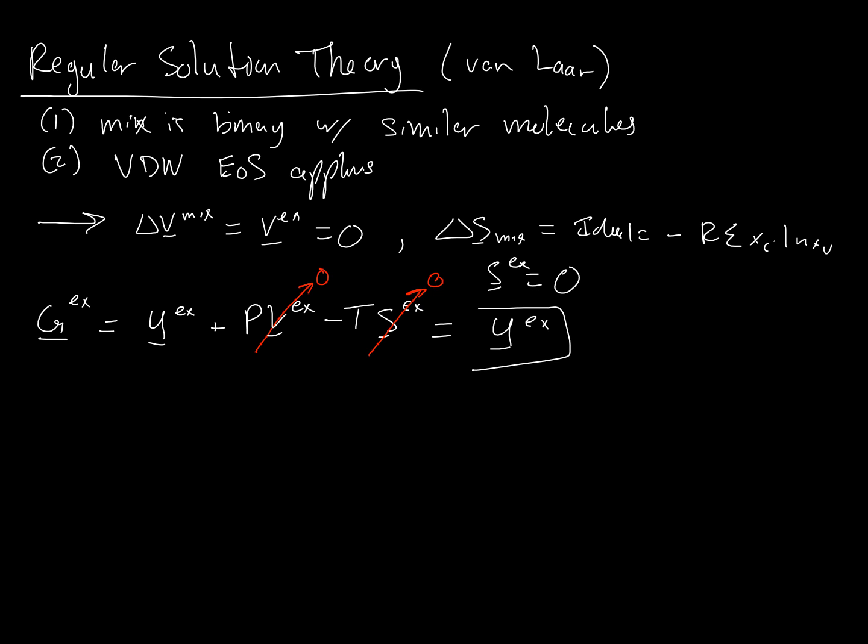U, the internal energy, is a state function. So when we mix these two things together, molecules type 1 and type 2, or A and B, we get to choose how we mix them. And how we're going to mix them in regular solution theory is in 3 steps.